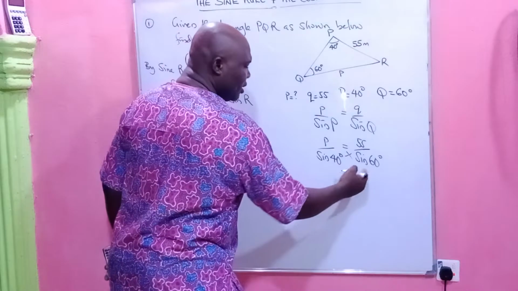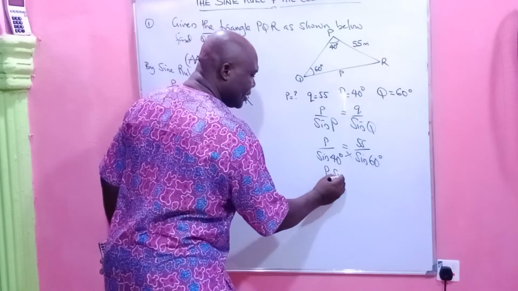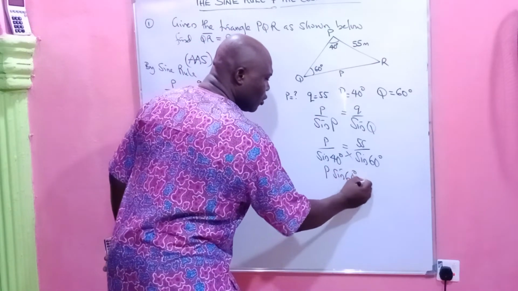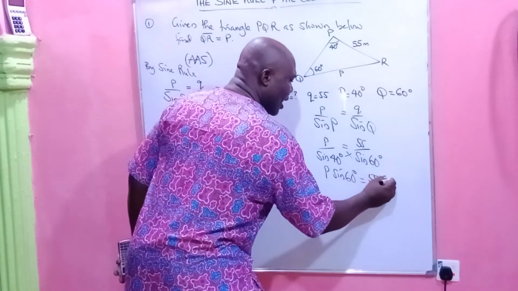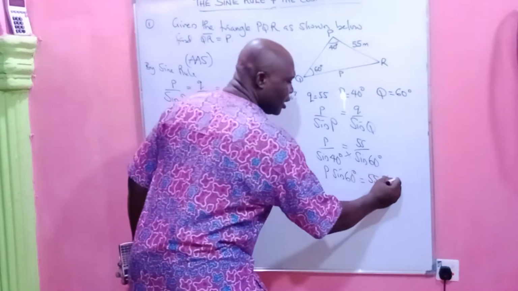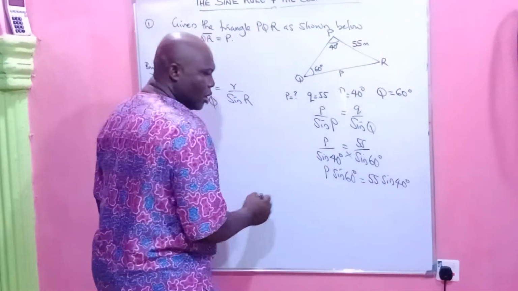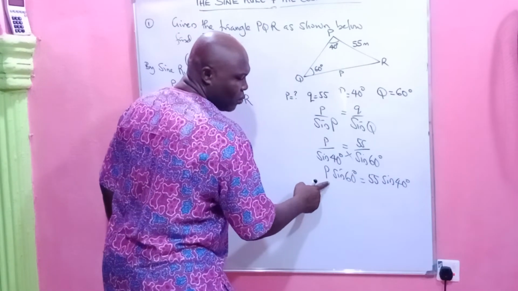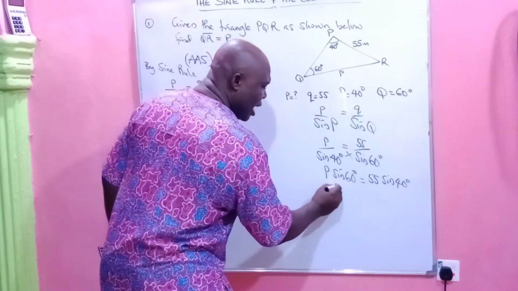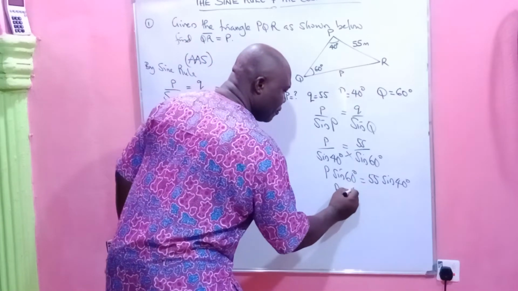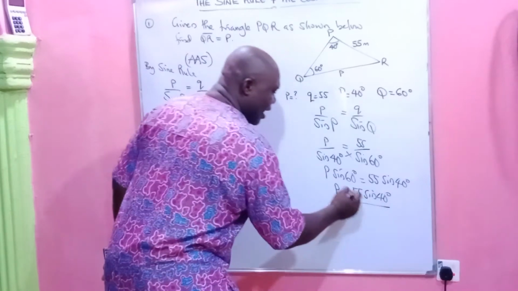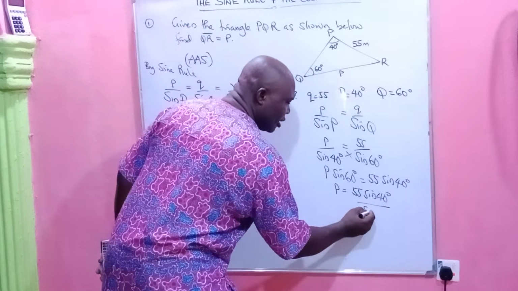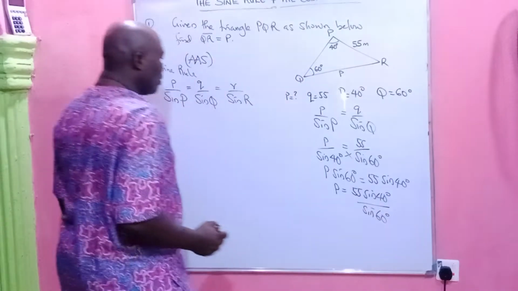We have p sine 60 equals 55 sine 40 degrees. So our p, which is what we are looking for, will be equal to 55 times the sine of 40 degrees divided by sine 60. So that's what we are going to find.